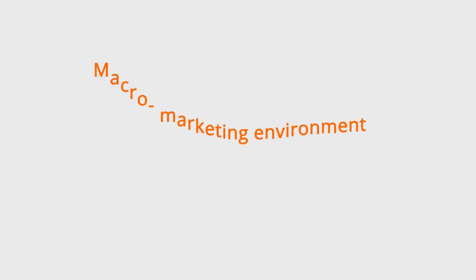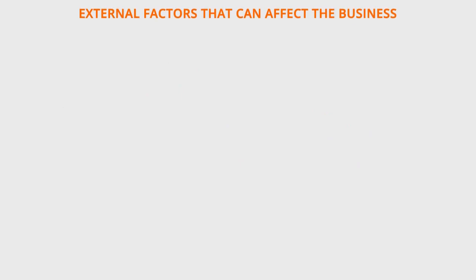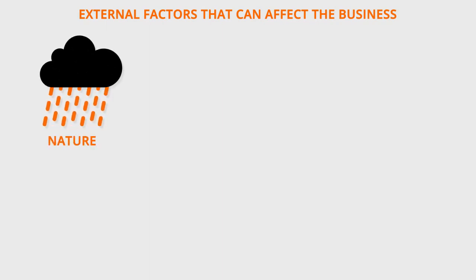You need to also look at the macro marketing environment, and of course those external factors, if you like, that can affect you as a business. The first one is nature. You can't control nature, and those things around nature, flooding, and all of those elements of nature can really affect you, and they are outside of your control.